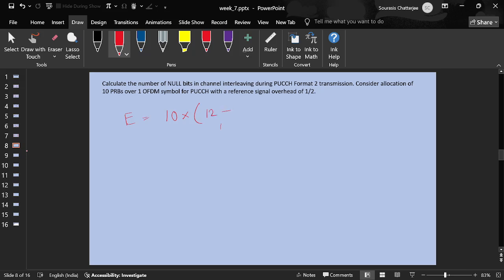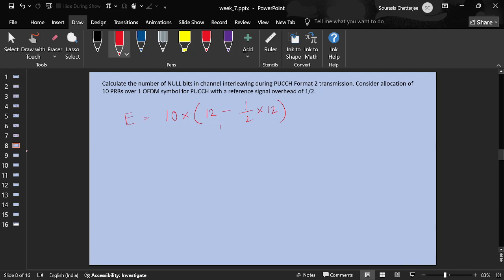Is there anything I need to be careful about here, when it mentions a reference signal overhead of 1 over 2? Into minus 6, and why is that so? The overhead is 1 over 2, so 1 symbol will be used as DMRS. Okay, so basically I have only 6 subcarriers for the transmission, fine. And anything else?